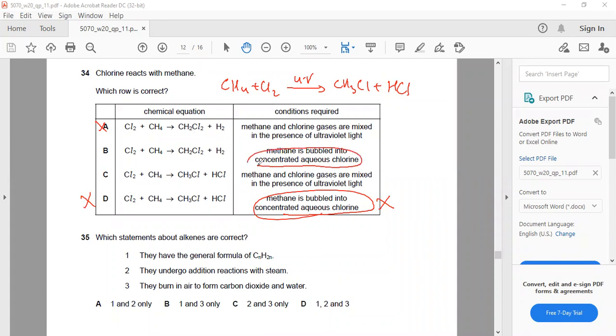Aqueous chlorine, wrong. So obviously C is the answer. See how much easier it is if you eliminate the wrong answers. This is wrong because in the first step chloromethane is formed, which is why A is wrong. C is the answer.